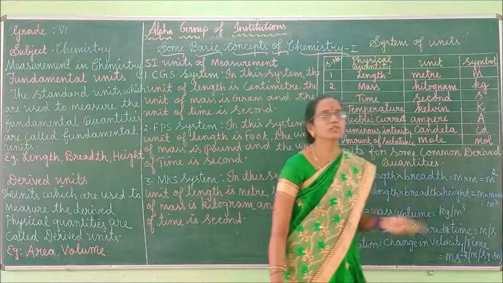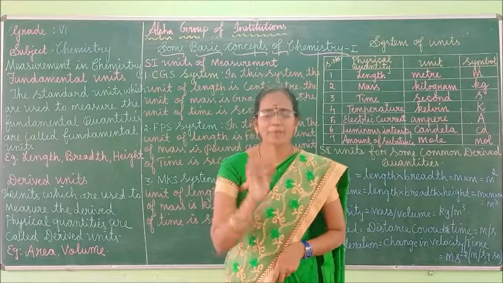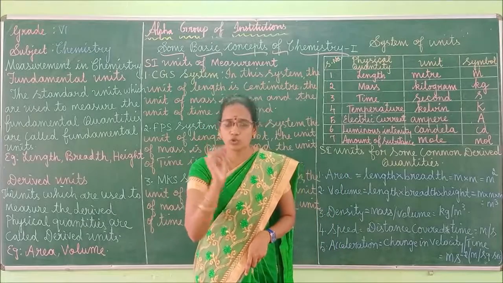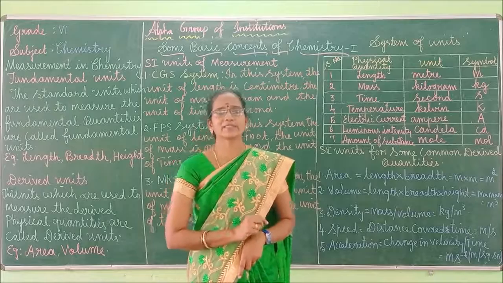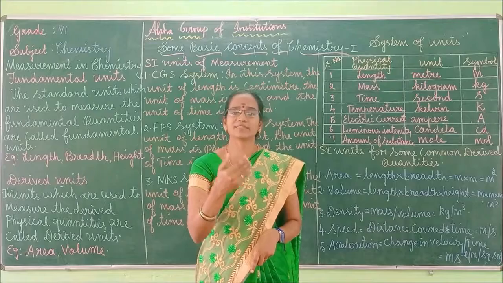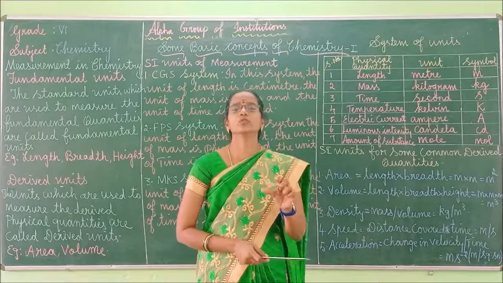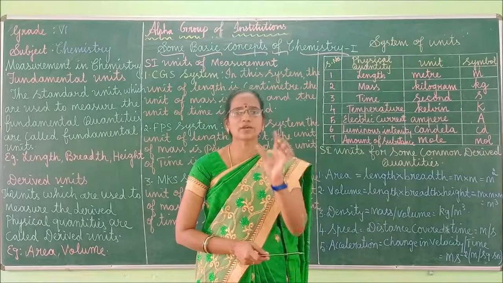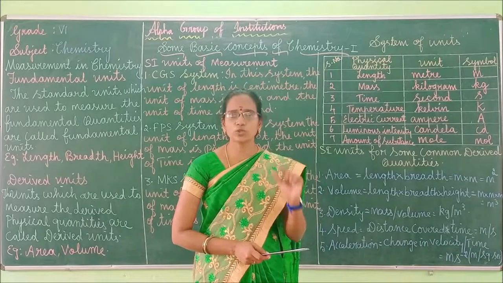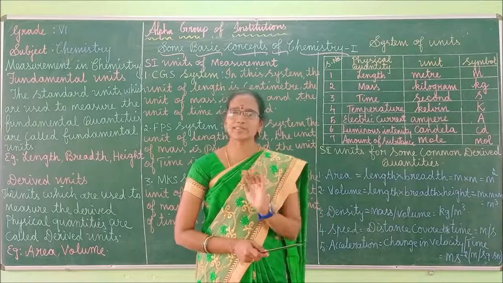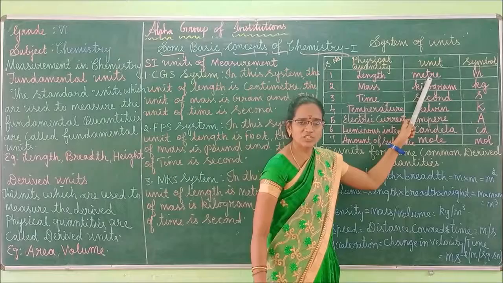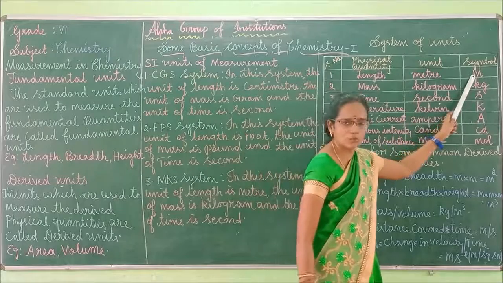Here also for the symbol you should not use capital M. But for some physical quantities you should use capital letters. If the physical quantity's unit is named after a scientist, then for that quantity we have to use a capital letter. Otherwise, we should use only lowercase, small letters. So length is measured in meter and its symbol is small m.